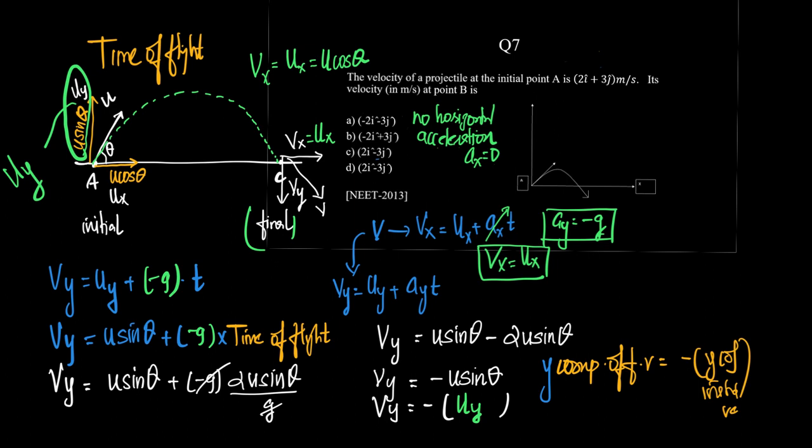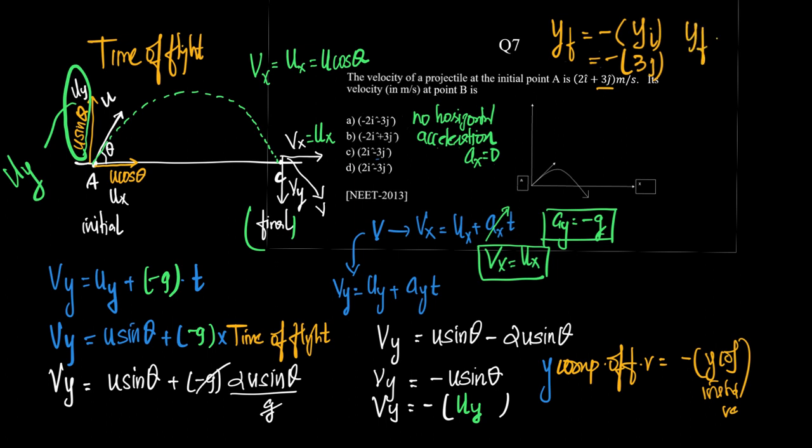Apply this logic here. What do we get? Y component of the final velocity is equal to negative of the y component of the initial velocity. What is the initial velocity in the y component? It is 3j.